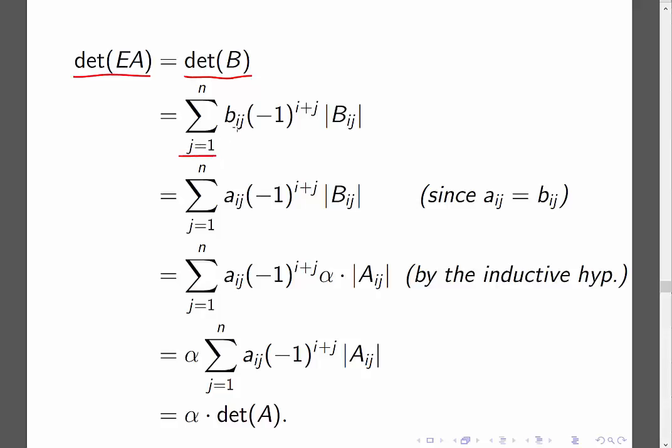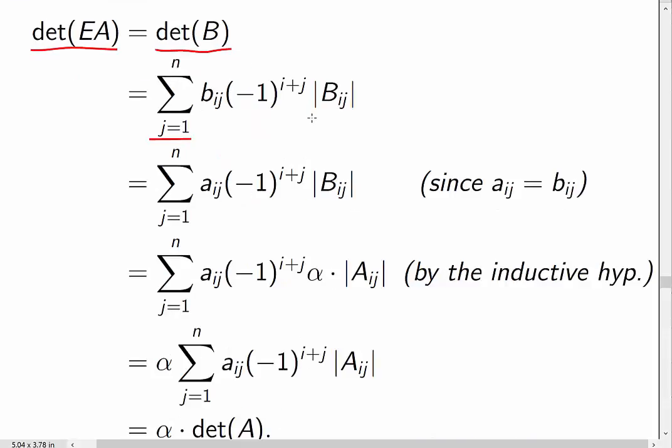You'll notice that all of the indices start with i because we're moving along the ith row. So bij, the lowercase b, is the entry of B, and the capital Bij is the matrix with that row and column crossed out. Negative 1 to the i plus j tells us what the sign would be, plus or minus. And then this is the determinant of the cofactor.